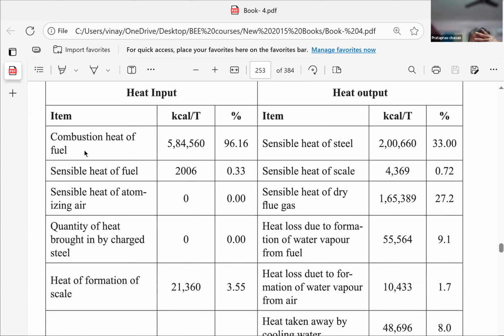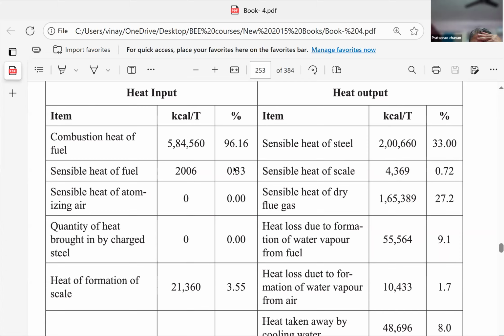Combustion heat of fuel: so many kilocalories per ton. 96.19 is the total heat content, out of which 96.16 is given by the fuel. Sensible heat of the steel output, that means the useful product that is going out of the furnace with a temperature difference: the initial temperature of the steel, the final temperature of the steel, the difference MCP delta T gives you the output.